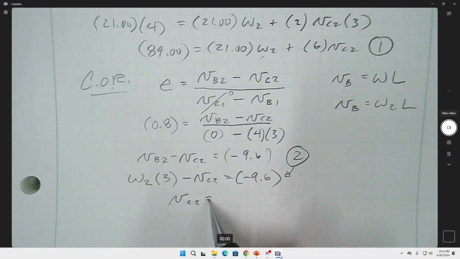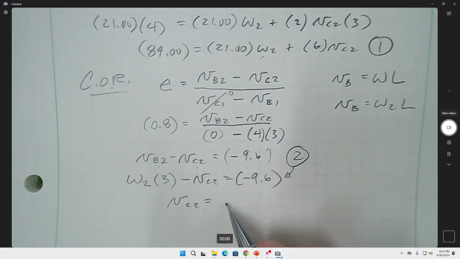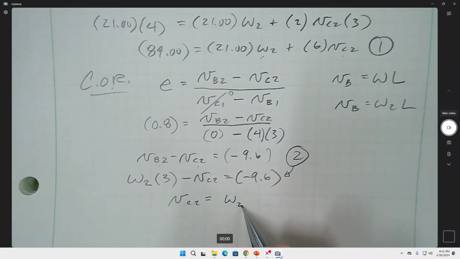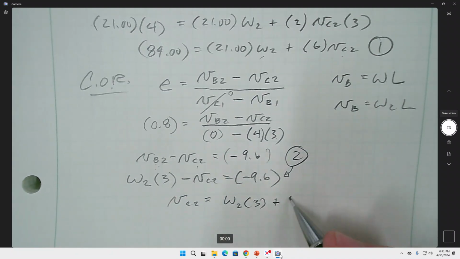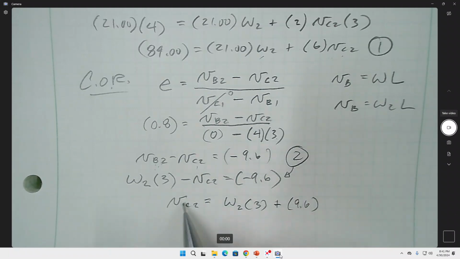You're right. V_C2, bring it over there, and you go omega 2, 3, and that should be plus, right? And then stick that back up into the top right here.